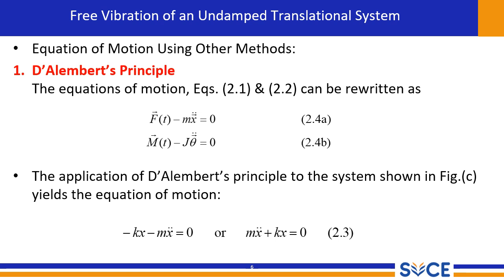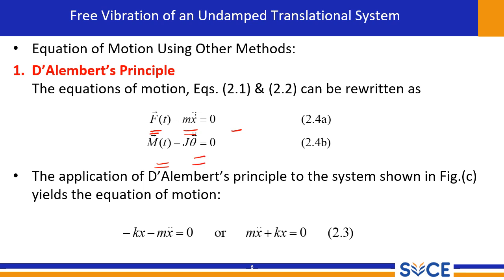Let's discuss the equation of motion using D'Alembert's principle. By utilizing D'Alembert's principle, the equation of motion can be reformulated considering the two equations of motion given as f of t minus m x double dot equal to 0 and M of t minus J theta double dot equal to 0.